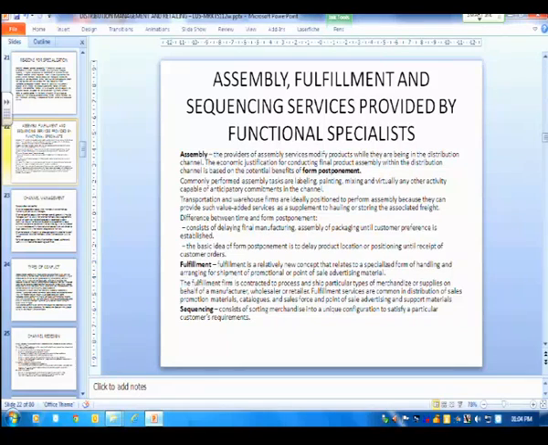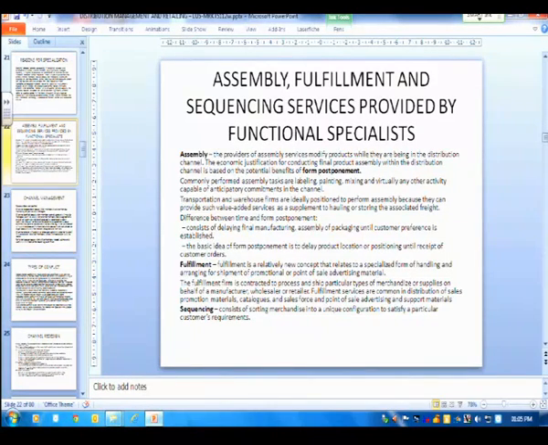The fulfillment firm is contracted to process and ship particular types of merchandise or supplies on behalf of a manufacturer, a wholesaler, or a retailer. Fulfillment services are common in distribution of services, promotion materials, catalogs, and sales force and point of sale advertising and support materials.